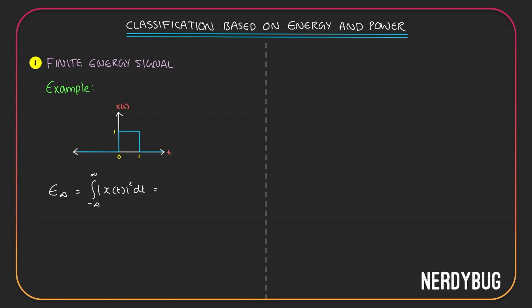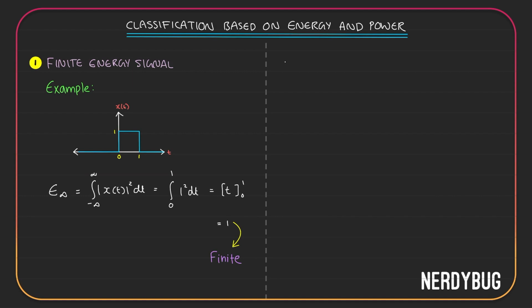The value of the signal x of t is just 1 there. So 1 square dt. Integral dt is t. So t from 0 to 1 is just 1. So technically, the energy of this particular signal is finite.